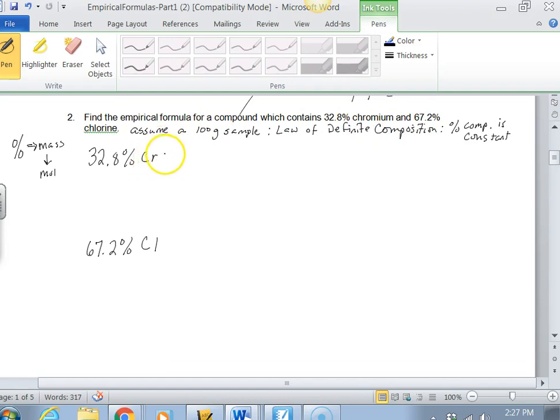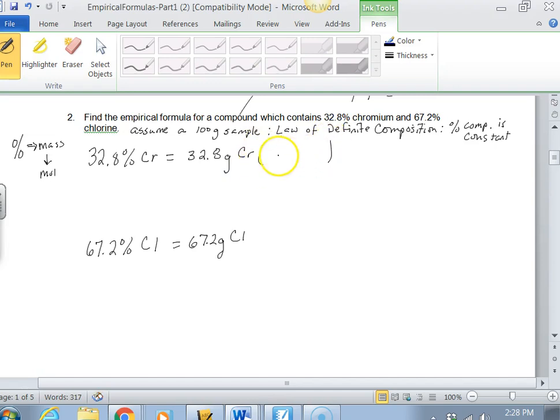Why choose 100? If we choose 100 and we take 32.8% of that 100, that means we've got 32.8 grams of chromium. And if we take 67.2% of 100, that's 67.2 grams of chlorine.